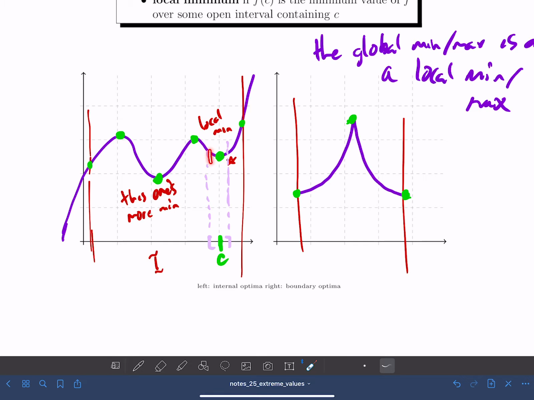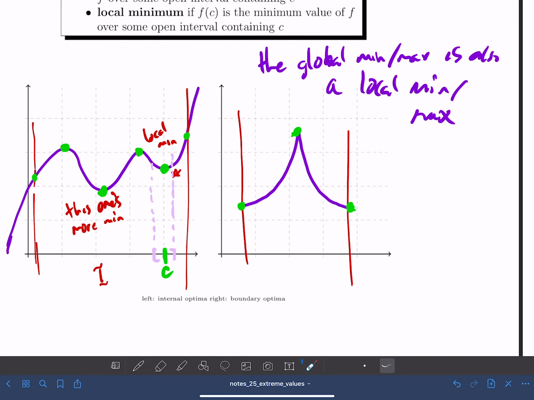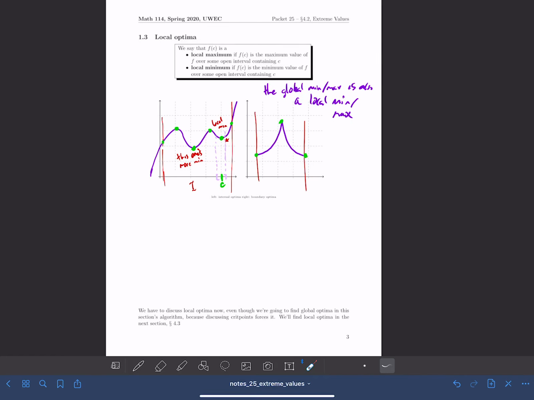If I can draw a tiny little box around my point, and that point is a min inside of that box, then that min is a local min. If no matter how big I draw my box within my interval, that one's always the min, then it's the absolute min, or what we call the global min. Let's turn the page.